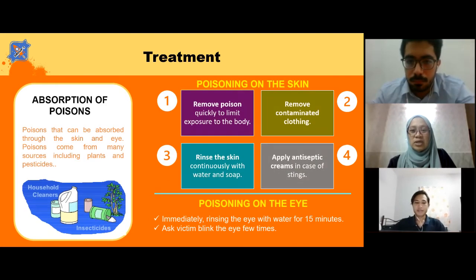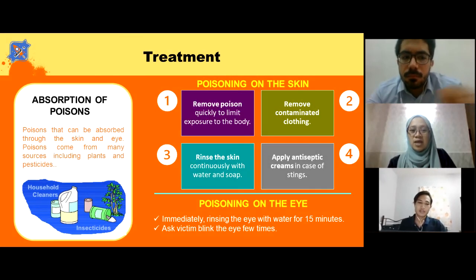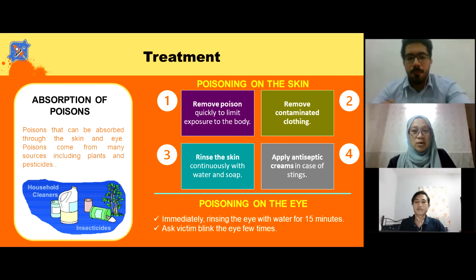We move to the third treatment, which is caused by absorption. Poison can be absorbed through the skin and eye. Poison can come from many sources, including plants and pesticides. Here are 2 poisonings that can affect the skin and eye.